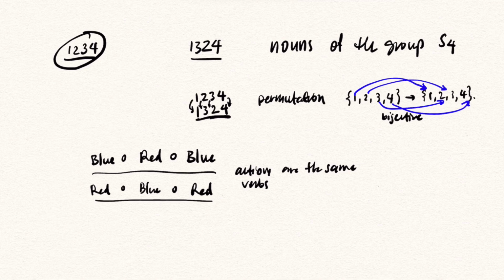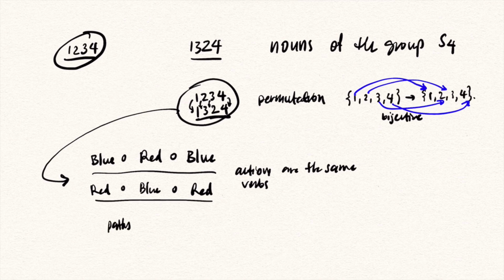So this permutation, by looking at the diagram, corresponds with different paths we can walk on the Cayley graph. And those paths are things that can be walked by every single person standing at every node.